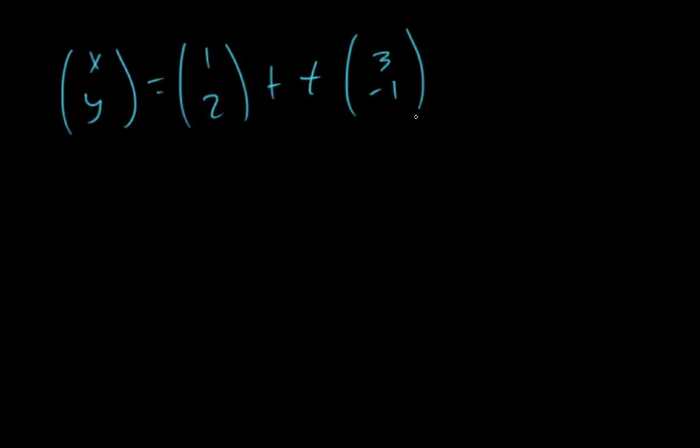So we have a vector equation that looks like this. And it says find the shortest distance from point P, which is (5, -1), to the line.